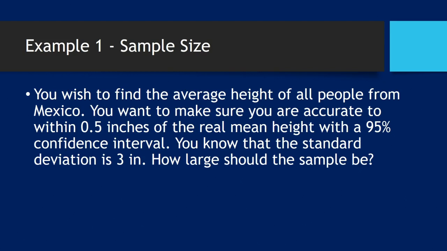And I want to be 95% confident of my result. So I want to build this 95% confidence interval. And when it says you want to be accurate within half an inch, or 0.5 inches, that just means that the margin of error needs to be 0.5 or less.